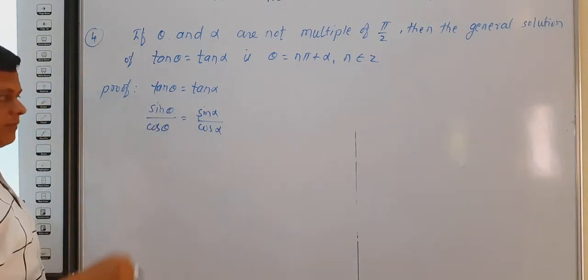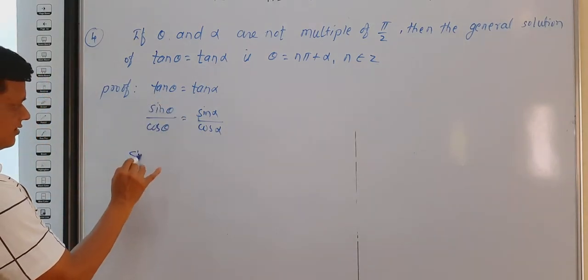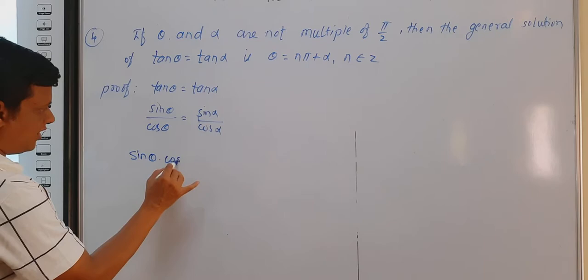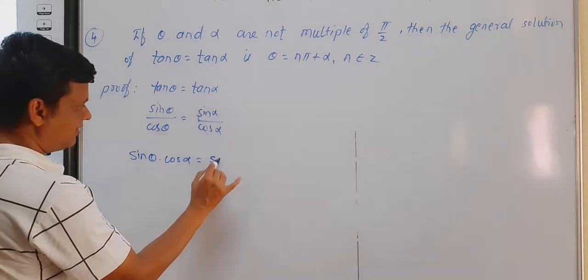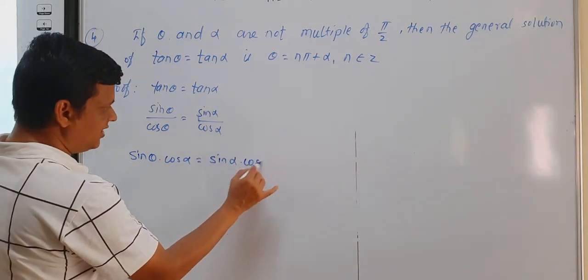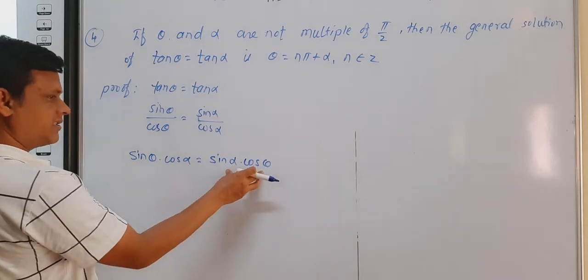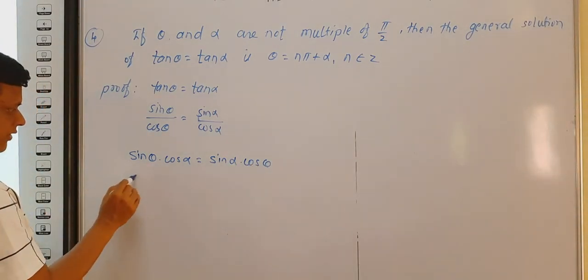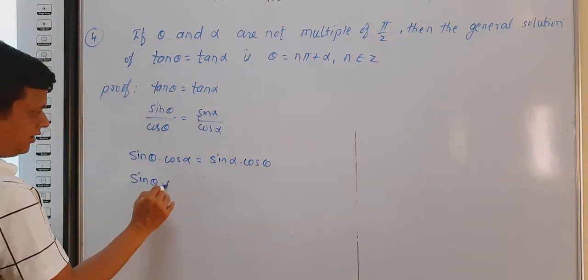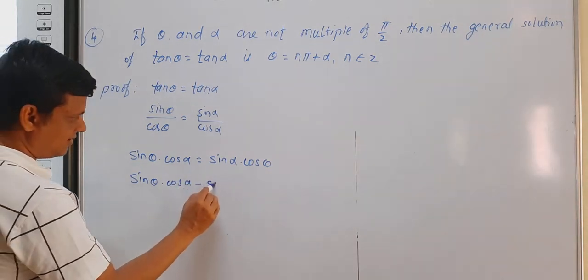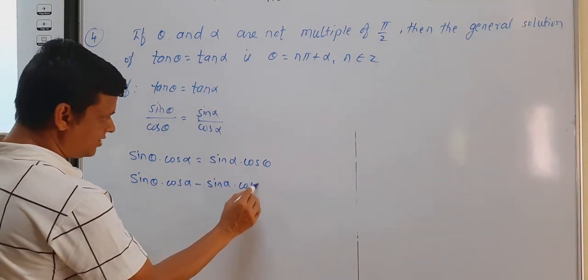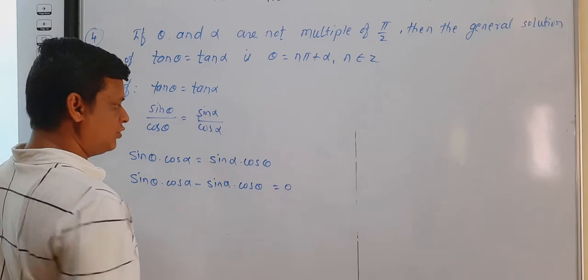After cross multiplying, we get sin theta into cos alpha is equal to sin alpha into cos theta. After transferring the right hand side to the left hand side, we get sin theta into cos alpha minus sin alpha into cos theta, which is equal to 0.